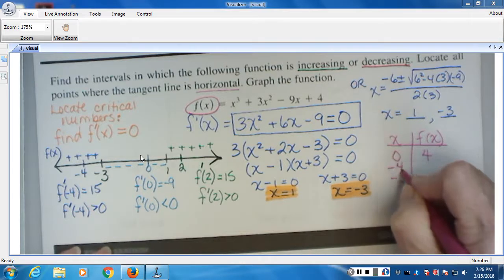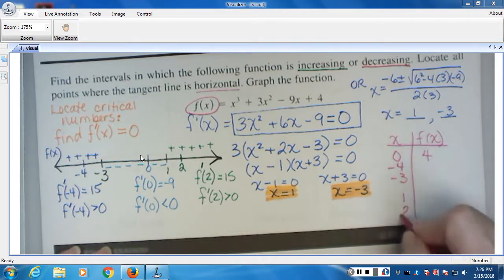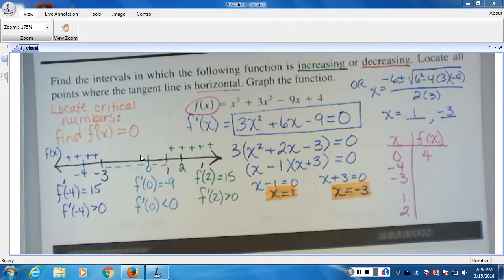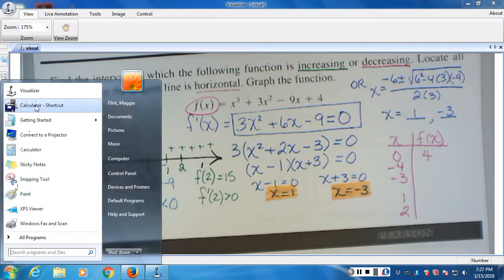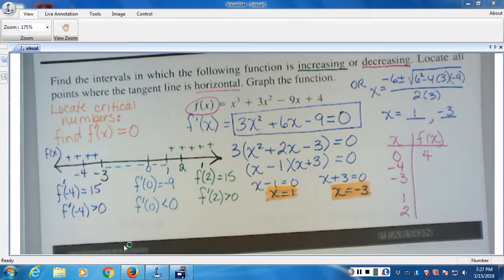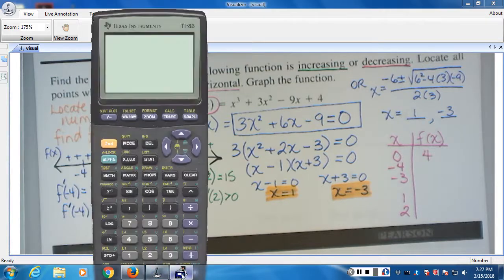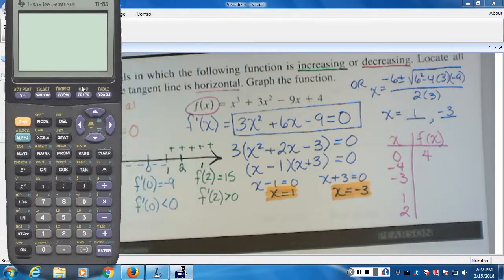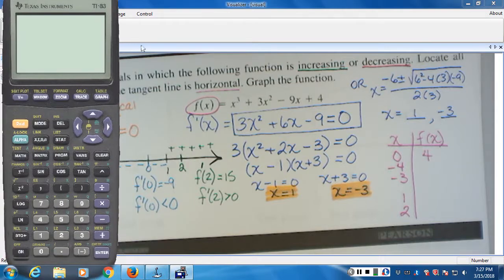So I'm also going to plug in -4 and positive 2. At this point, I would want to use my graphing calculator, and I think there's one on here. Let's see, yes. I would want to use my calculator to help me do this quickly, because I don't want to grind through too much arithmetic.